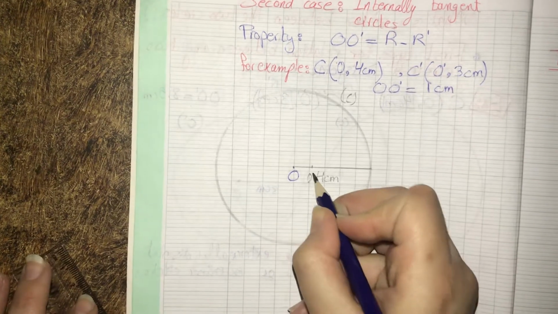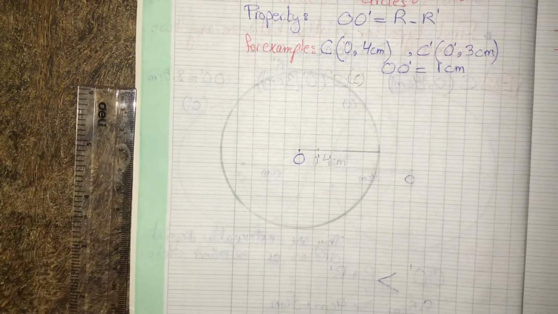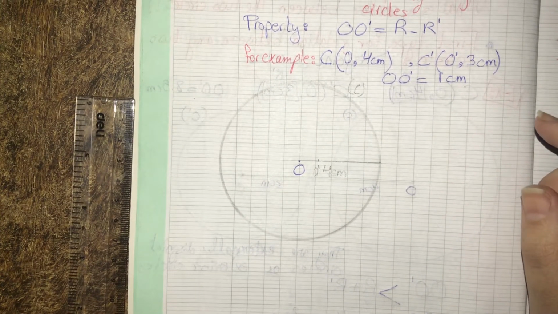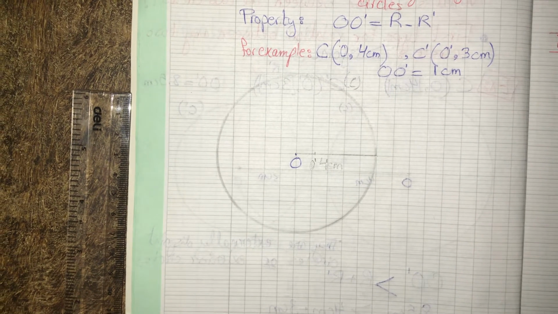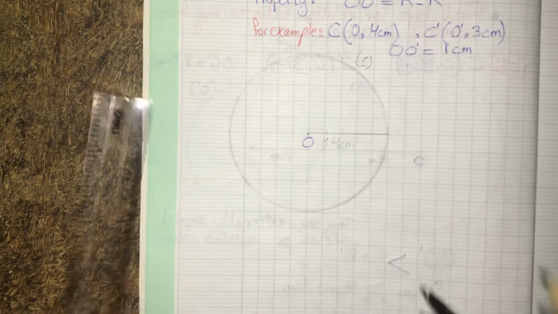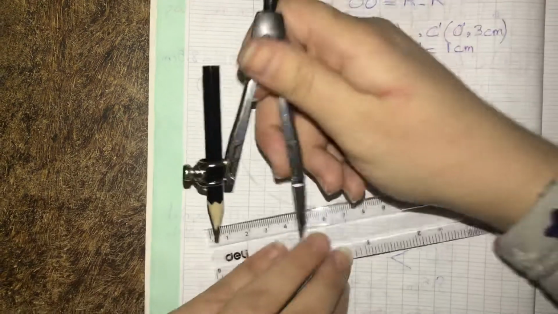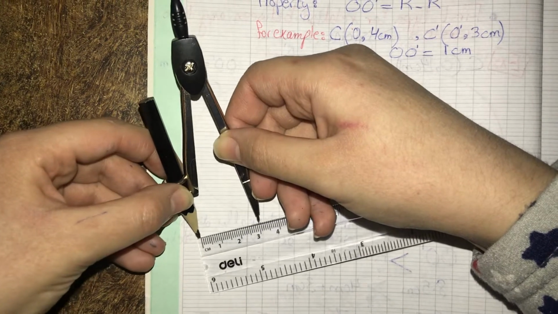This is O prime. So the third step is to draw the second circle. How do we draw the second circle? I open the compass at 3 centimeters.